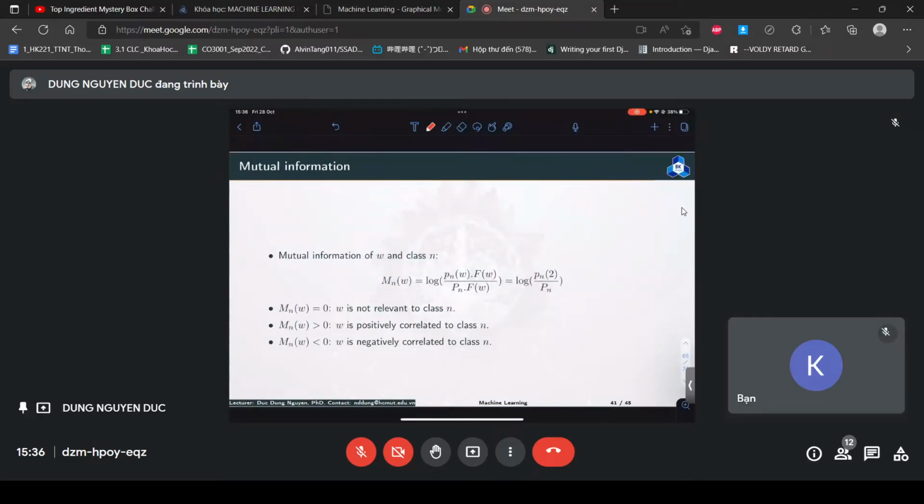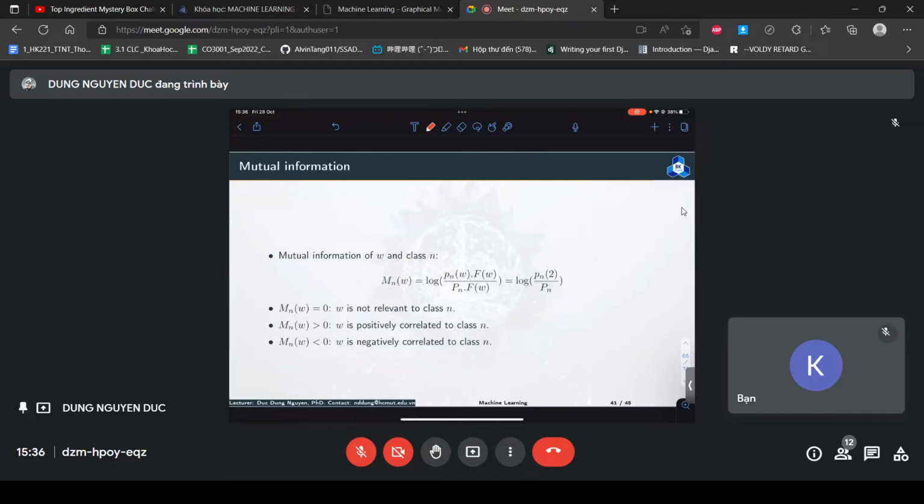If M of N and W is negative, then it means if in the documents you see the word W, then most likely that class is not the class N you are talking about.